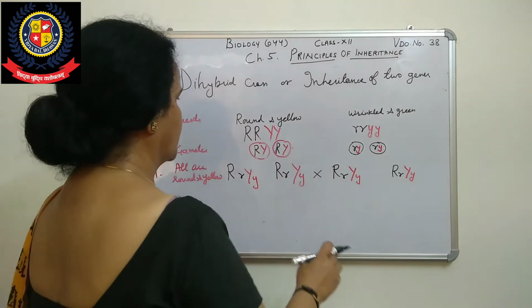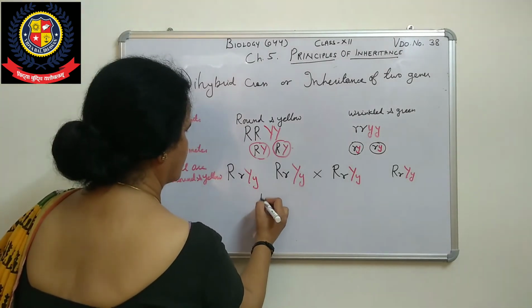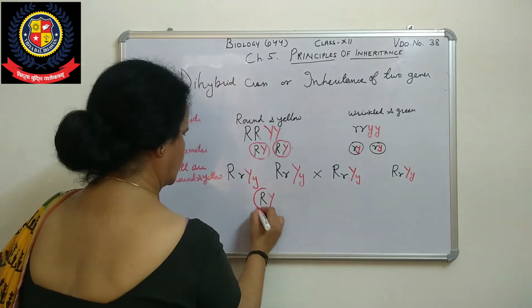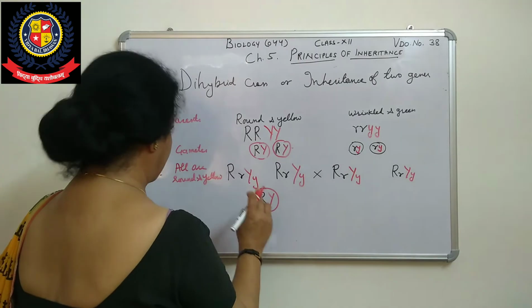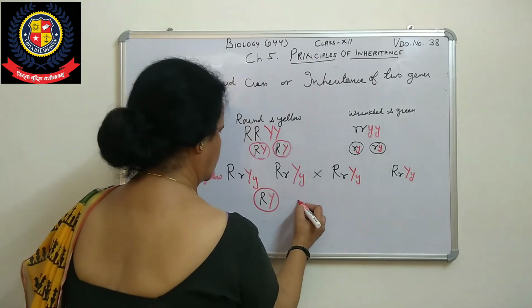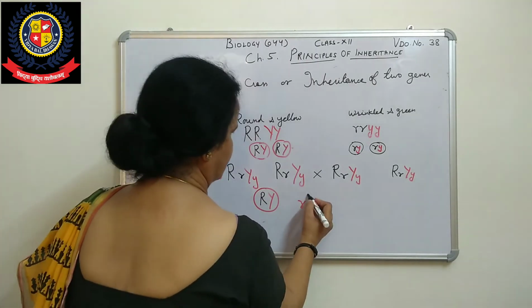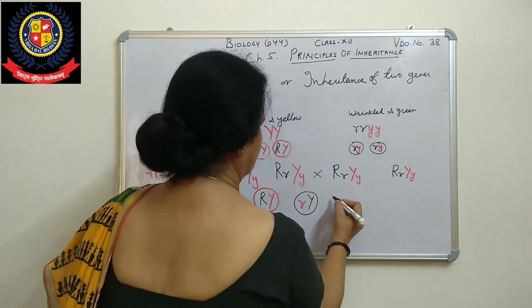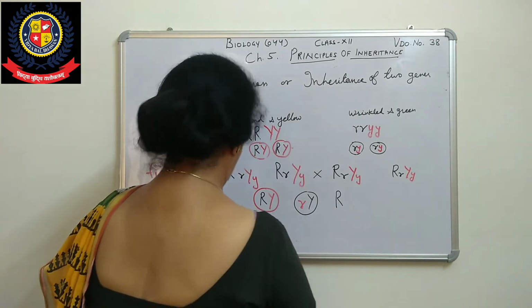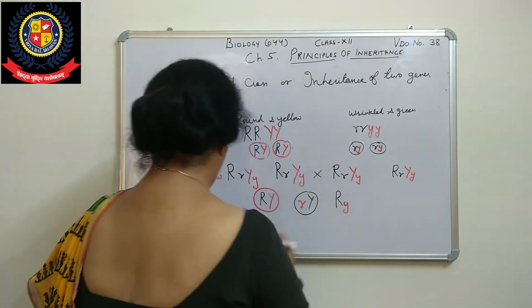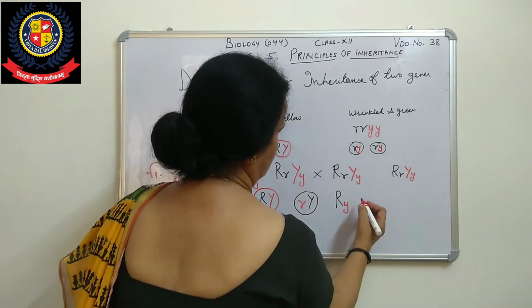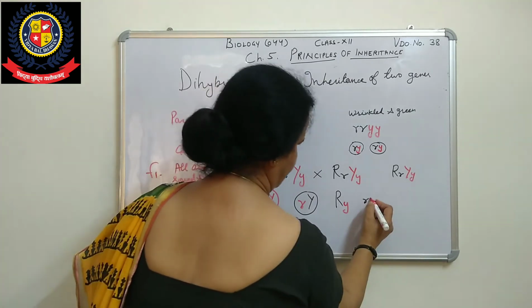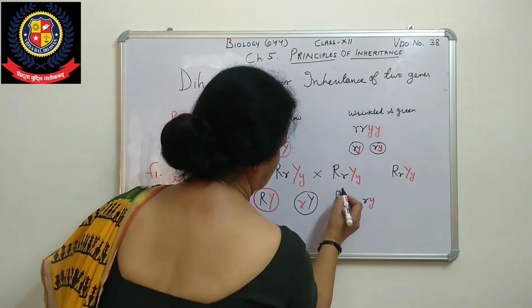We write capital R capital Y, then small r capital Y, then capital R small y, and small r small y. Now you can ask how this will be.